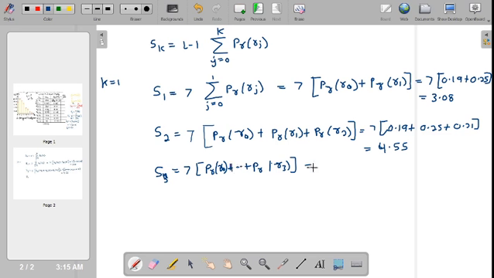The answer is 5.67. So it is 5.67. Next, what is the value for S4? So 7 into 6.23.